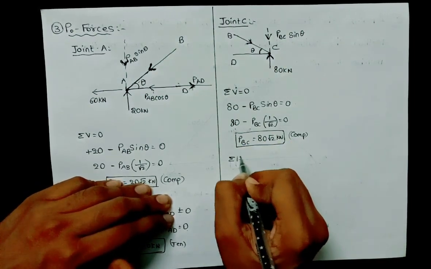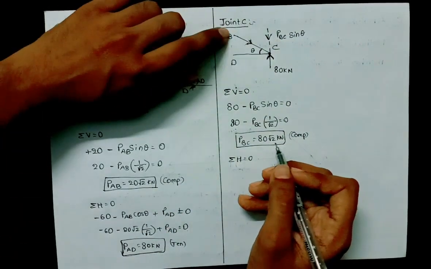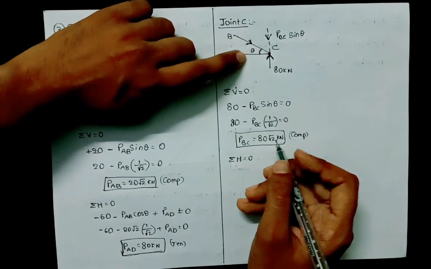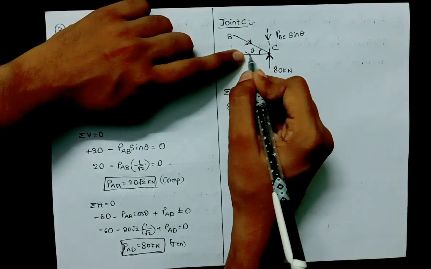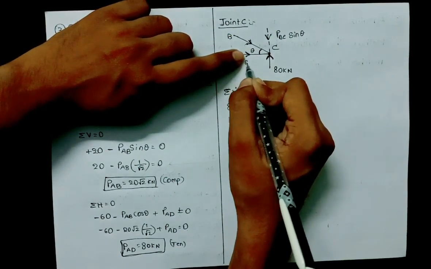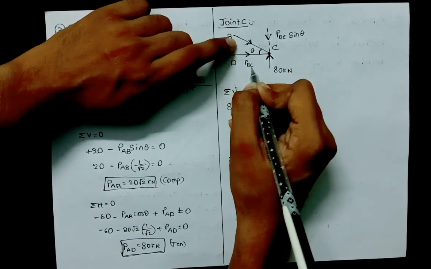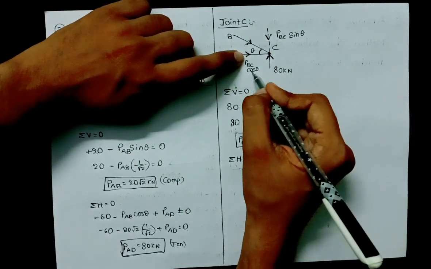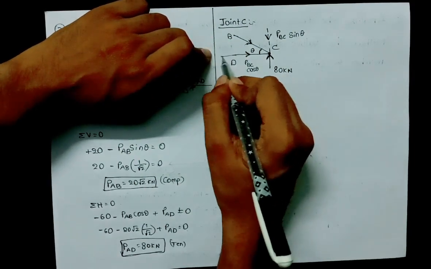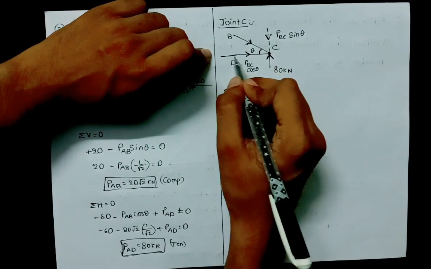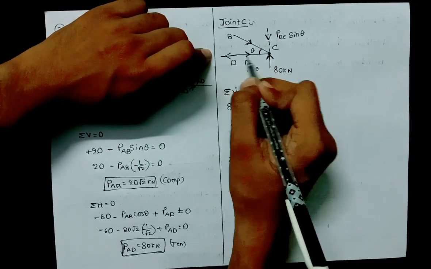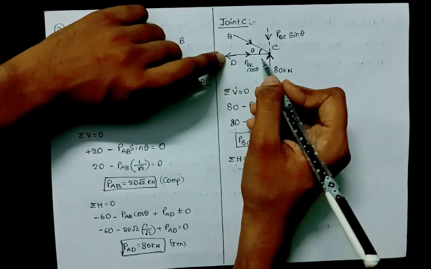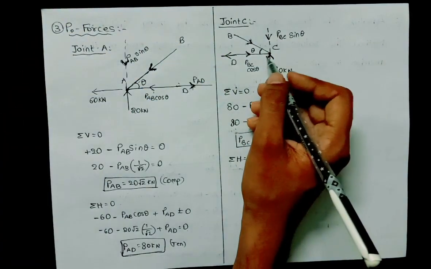So we have completed sigma V equal to 0. Now I will resolve in the horizontal direction. If I resolve this member in horizontal direction, then the arrow will be towards the joint. This will be PBC cos theta, the cos component. And I will assume the force in CD towards the left direction.